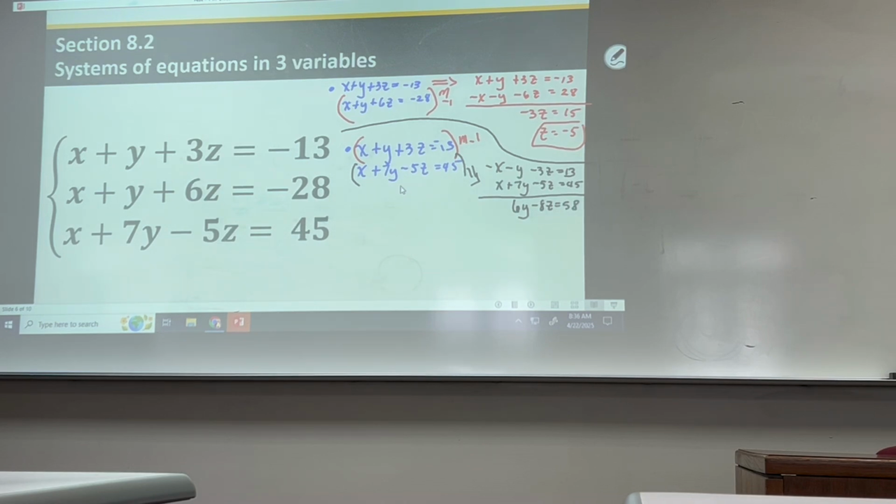Now in your notes, I said call this A, call this B, right? Because that is your new system of two equations, two unknowns. So now we have it reduced to a system of two equations, z equals negative 5, and then 6y minus 8z equals 58.